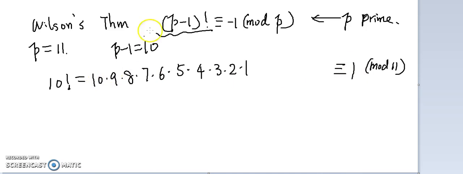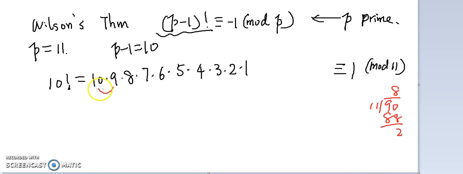For example, we pick 10. 10 times which of these numbers will be congruent to 1 modulo 11? If I pick 10 times 9, that will give me 90, and 90 divided by 11 gives remainder 2, which is not 1.